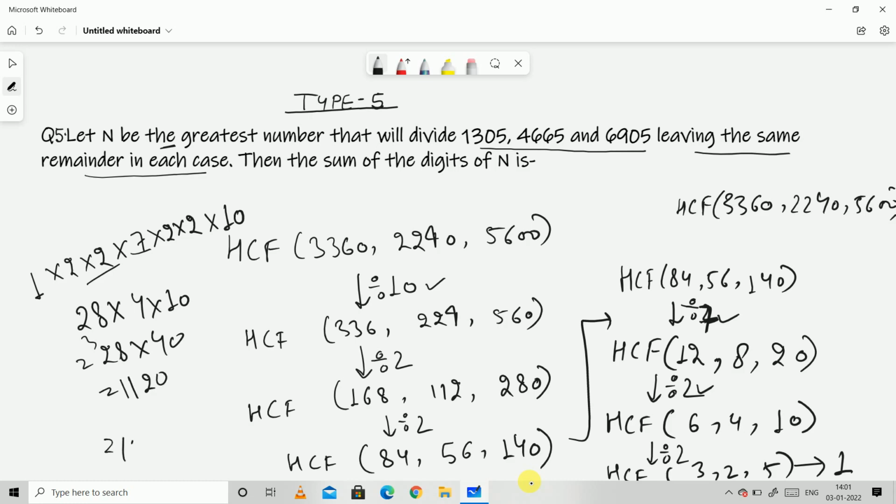So 1120 is my answer. 1120 is the greatest number which is going to divide all these three numbers, leaving the same remainder in each case. You can cross check also. You can divide these numbers by 1120 and you will find that you will be getting the same remainder in each case.